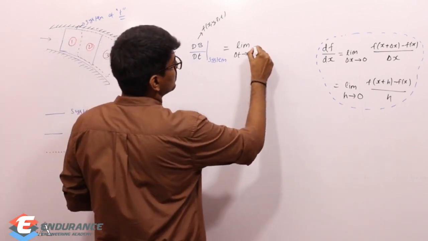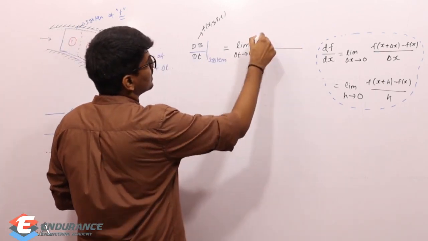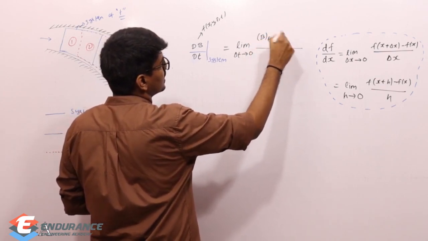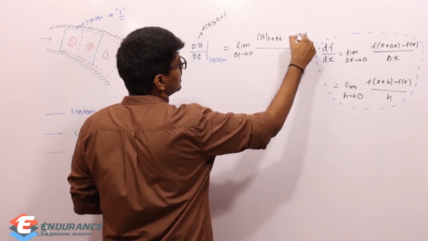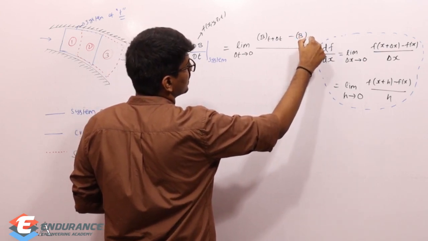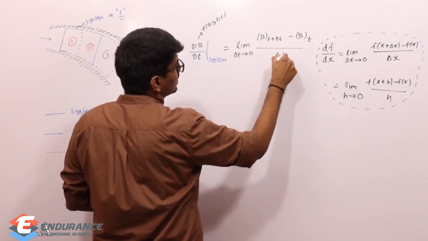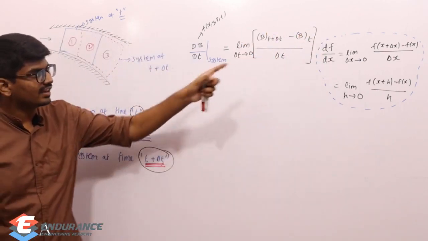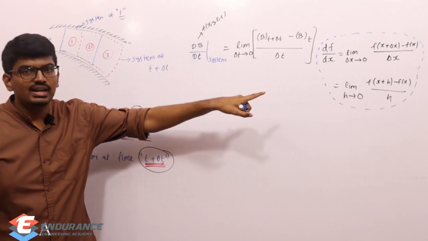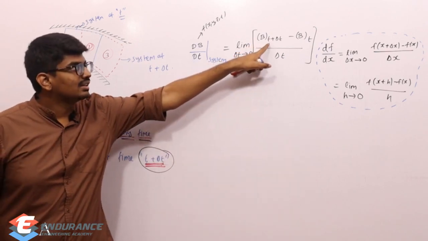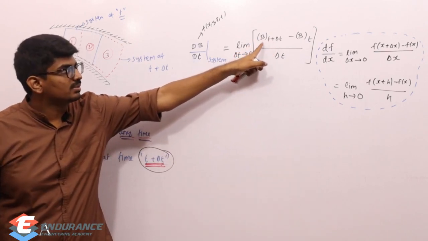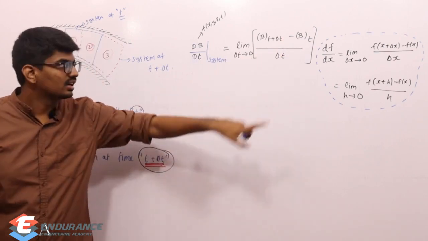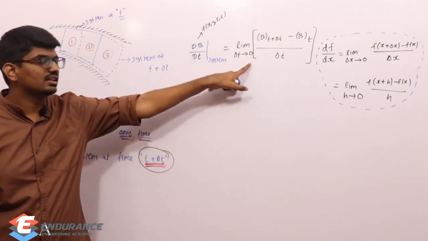So the numerator will be something like b at time t plus delta t minus b at time t, by delta t, similar to f of x plus delta x minus f of x by delta x. That is, property b at t plus delta t minus property b at t divided by delta t, where delta t is tending towards 0.